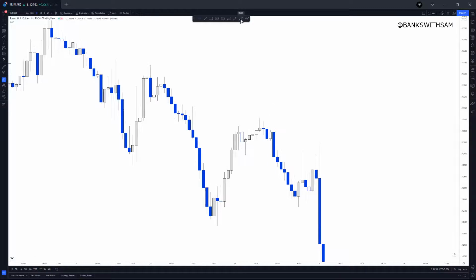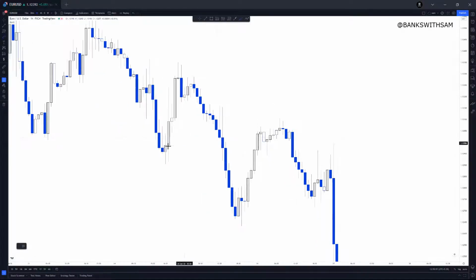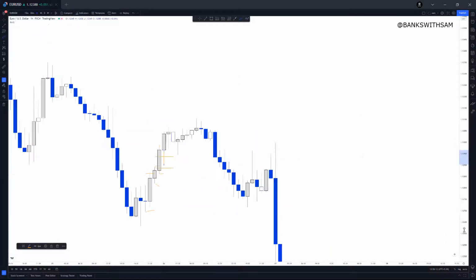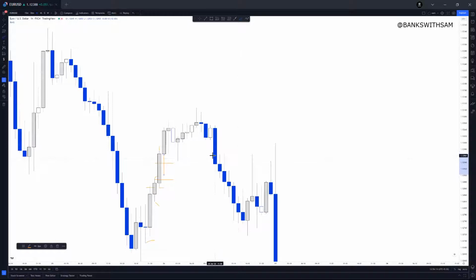If we see inefficiency in the price, it will be like this: higher high, higher low, higher high, higher low, and so on, but the price never pulled back. That is what we call inefficiency in the price.